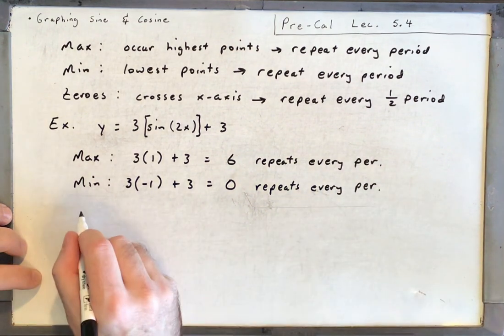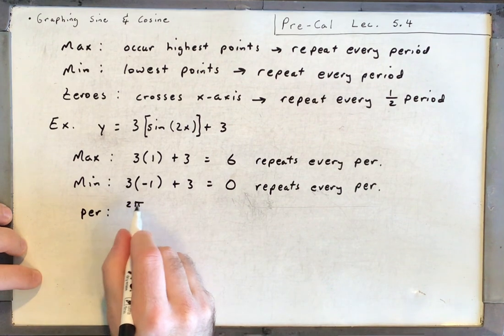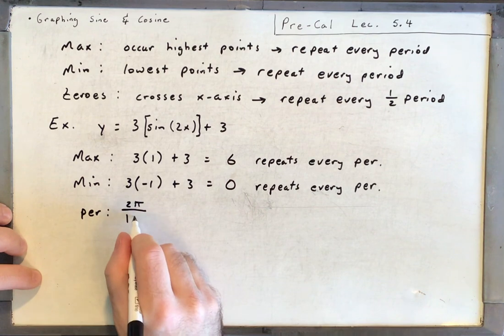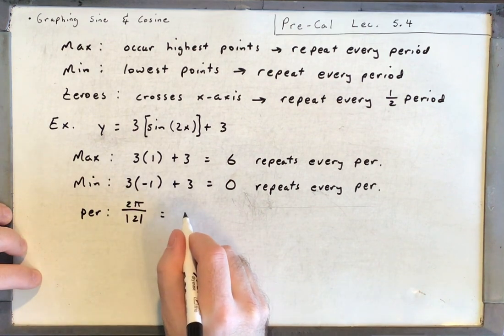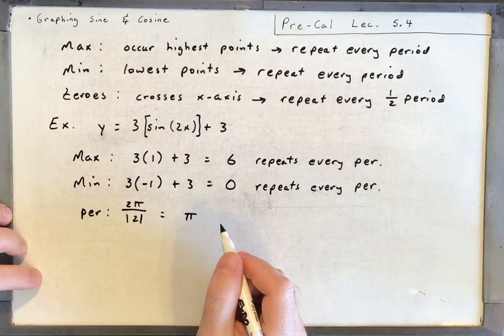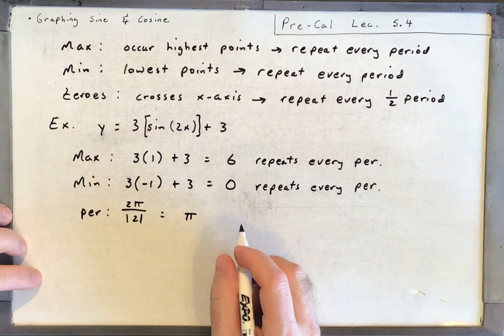Okay, so what is the period? Well, it's 2 pi over the absolute value of this number in front of the angle, 2. Well, that's just going to be pi. So the max and the mins repeat every pi units.